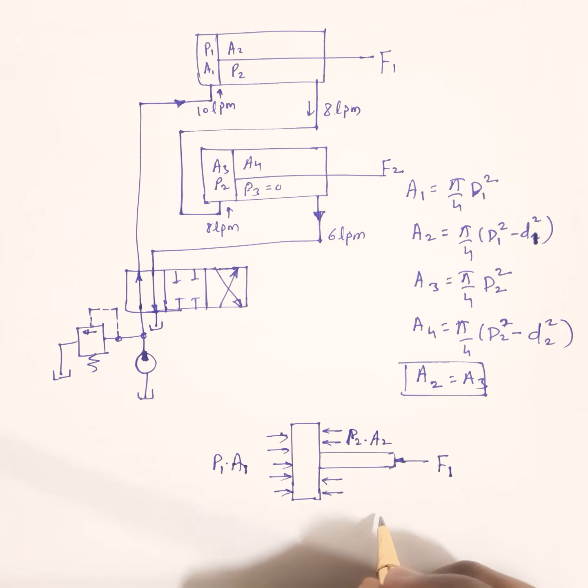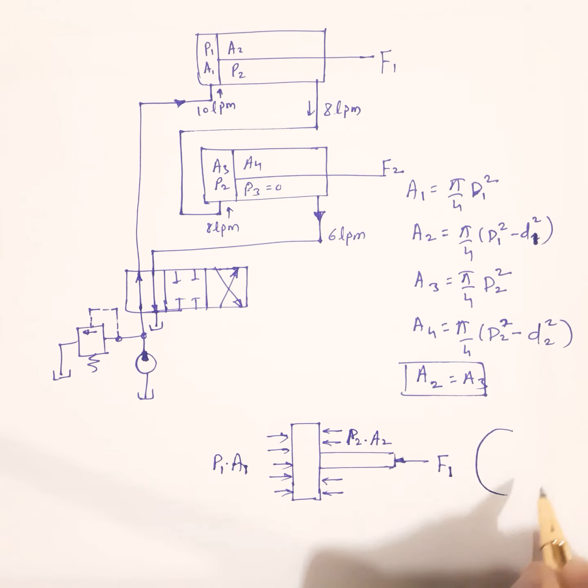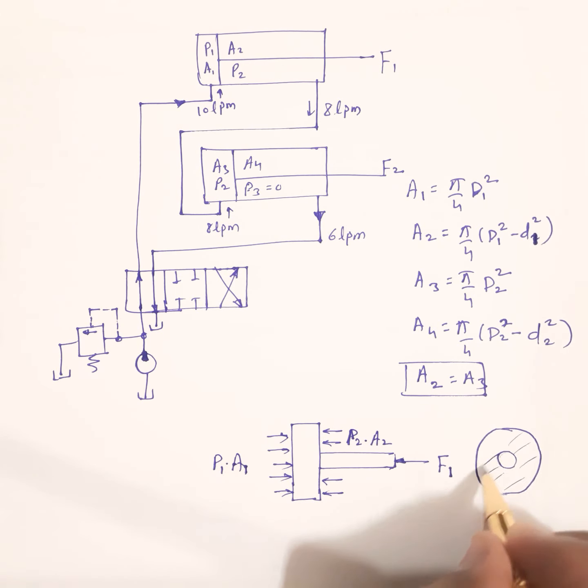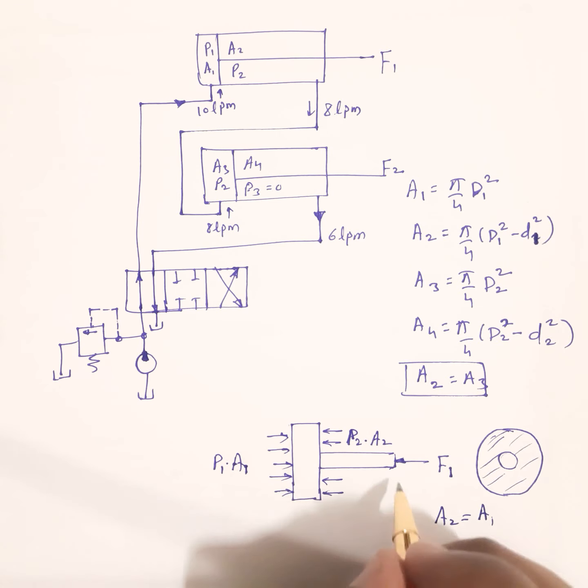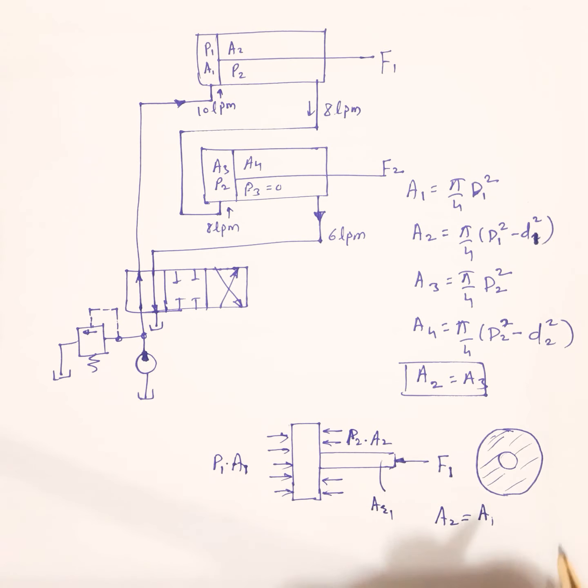Okay, now one more thing we have to use here, because if you see the side view of this piston from the rod side, this is your area. Here the area is this piston area minus the rod area. So A1 is the piston area, and let us say this rod has some diameter, and the area of the rod we call AR1, area of rod 1.